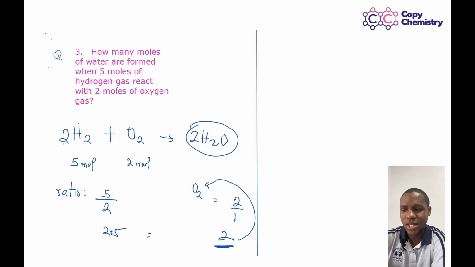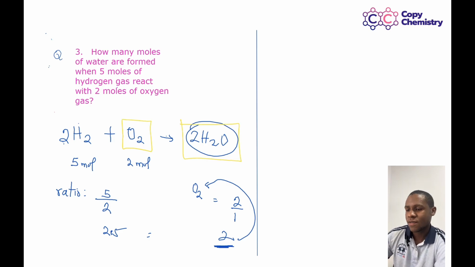Then you proceed to the next step, which is to compare oxygen with water. Okay, you are given 2 moles of oxygen from this question. This 2 moles of oxygen, 2 moles of O2.